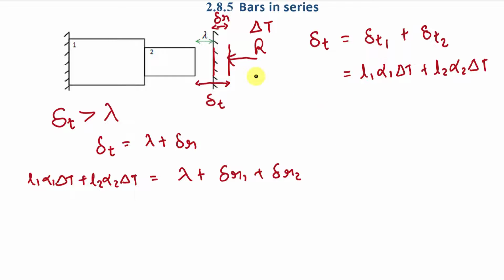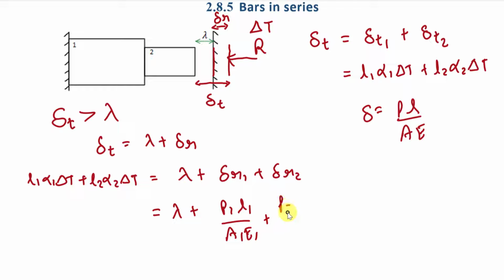Now we know that deformation in a body due to axial load is delta equal to PL by AE. Fine. So here we can write that it is equal to lambda plus P1 L1 divided by A1 E1 plus P2 L2 divided by A2 E2.